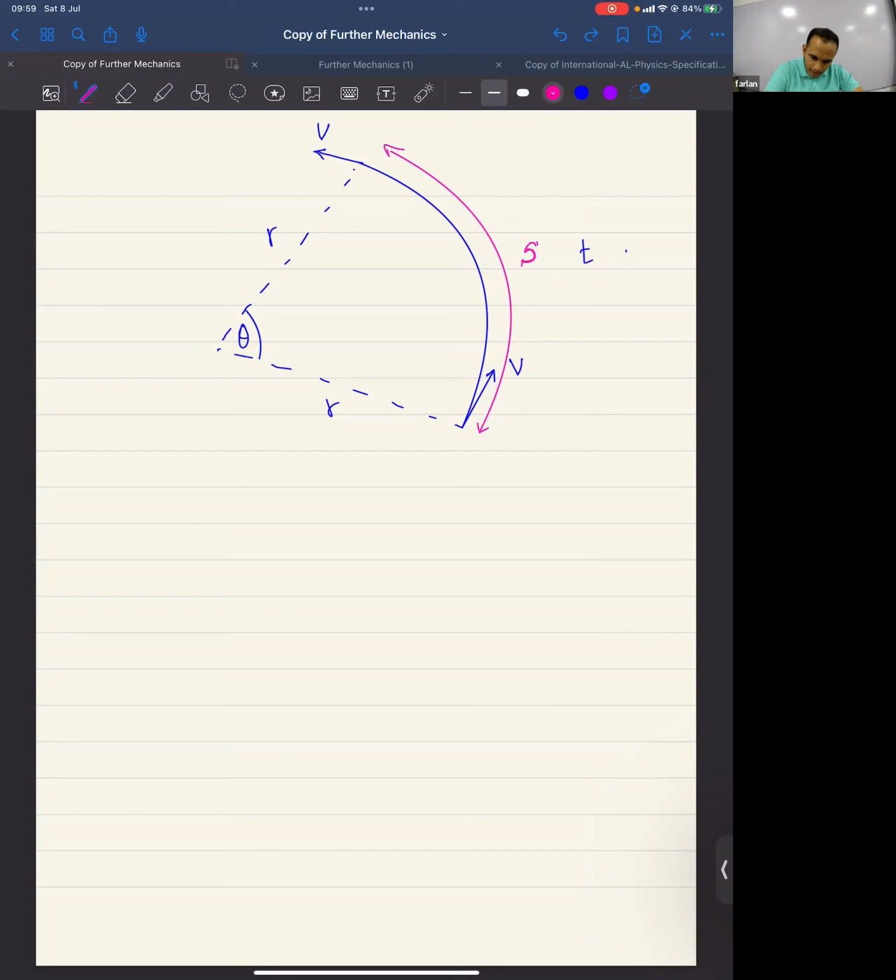Then the arc length s is given by r theta. Did you know that? Those who are doing maths, I think you know it. Arc length is equal to the radius times theta. s equals r theta, where theta is in radians. That is the arc length. Draw this diagram and take down this one.